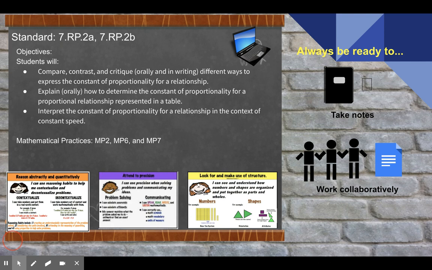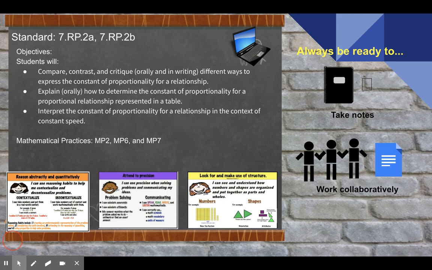Students will compare, contrast, and critique orally and in writing different ways to express the constant of proportionality for a relationship. You guys will also explain orally how to determine the constant of proportionality for a proportional relationship represented in a table. And lastly, interpret the constant of proportionality for a relationship in the context of constant speed.